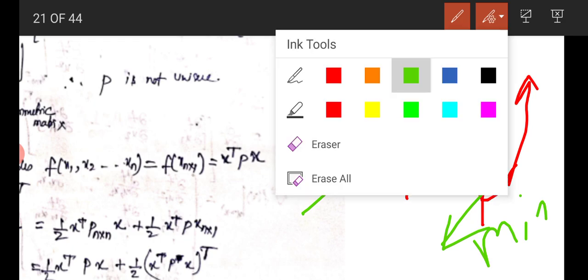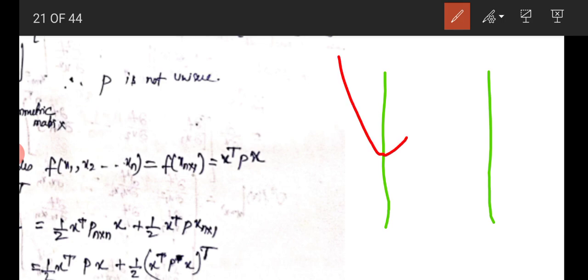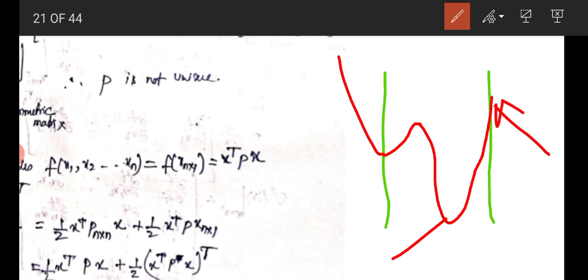Let's say I am showing the third case so that you can understand it. Let's say this is the nature of the curve. The maxima is found at this point, and the minima is found in between them. So the maxima is at the boundary, however the minima is in between them.